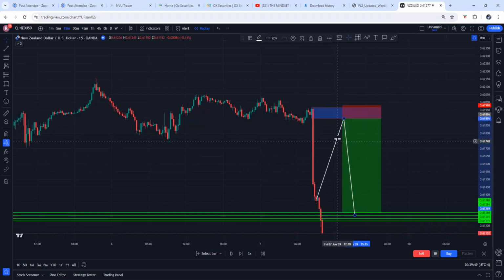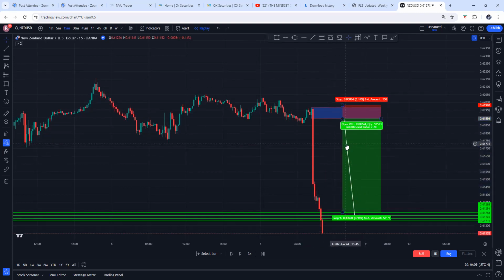Yes, please. So that's basically how limits work. It's a pending order, unlike just sells or buys, where it's instant. Sell limits, buy limits, those things are pending orders. So that's how limits work.